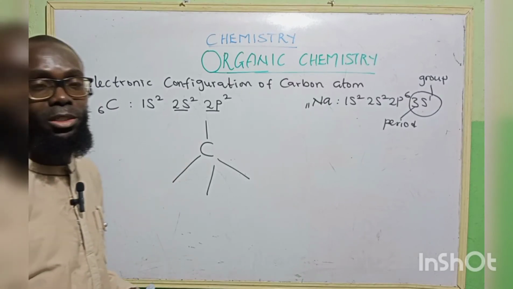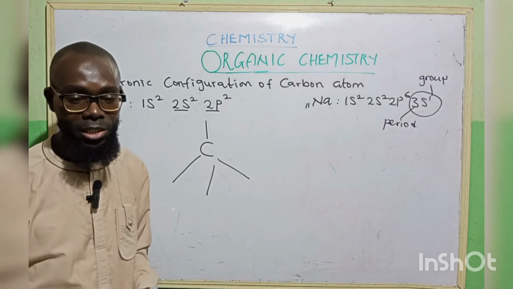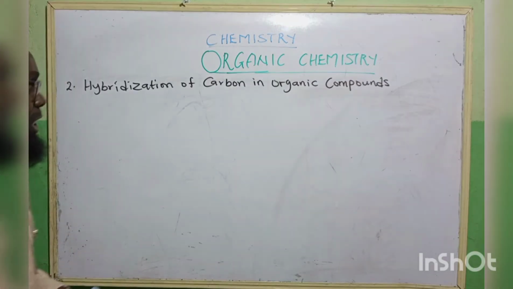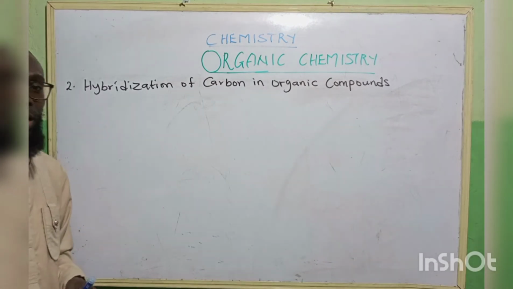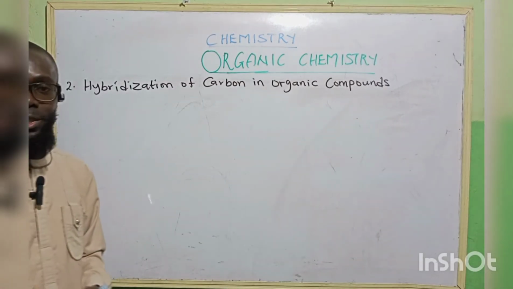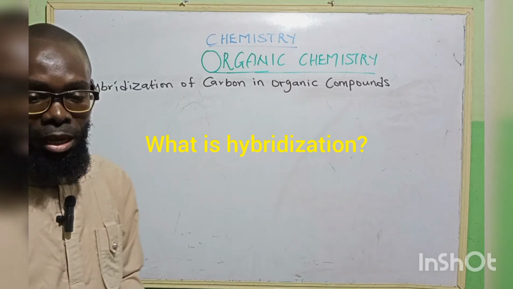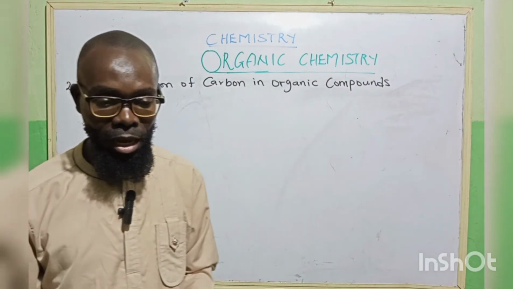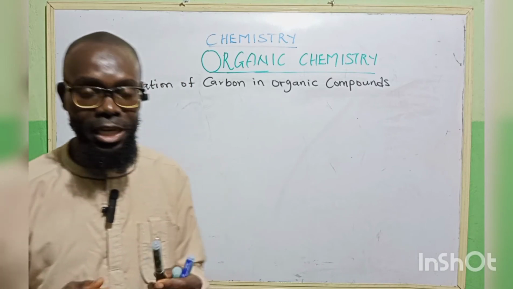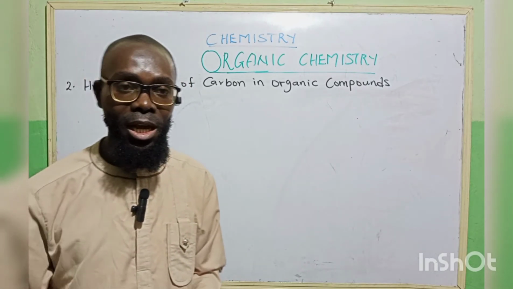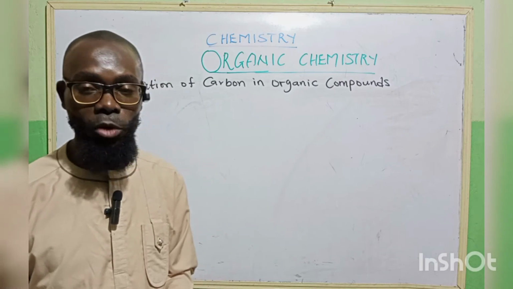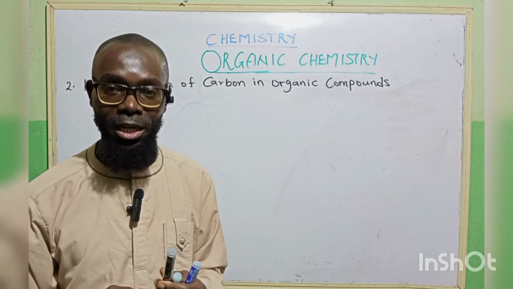The second thing we are going to look at is the hybridization of the carbon atom in organic compounds. What is hybridization? Hybridization can be defined as the concept of mixing orbitals in order to form a new type of hybridized orbital.